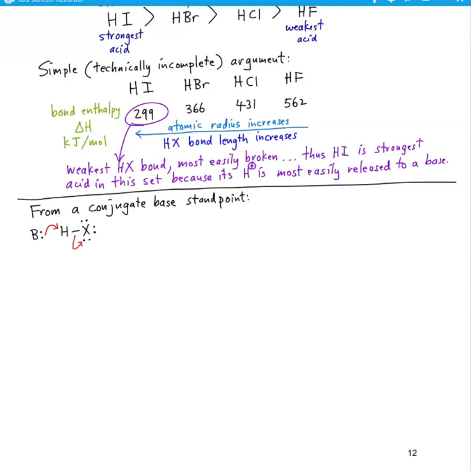And so we're going to pull the proton off of HX, and we're going to get the following conjugate bases. We'll get iodide ion, bromide ion, chloride ion, and fluoride ion.